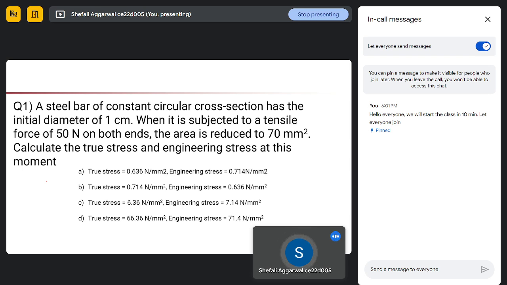When it is subjected to a tensile force of 50 Newton on both ends, the area is reduced to 70 mm square. Calculate the true stress and engineering stress at this moment. So you can try once.